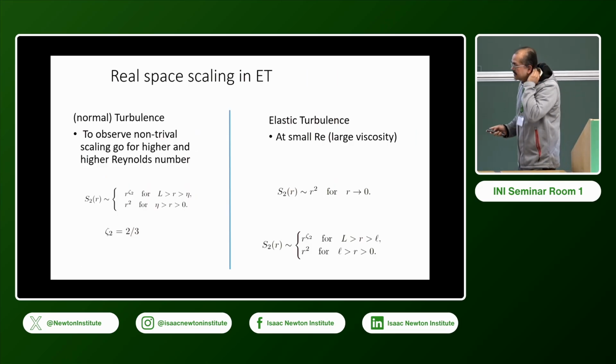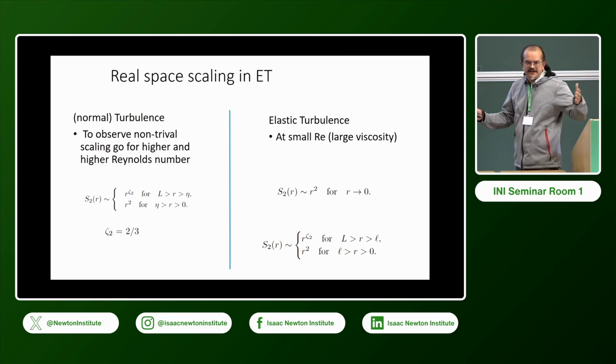So let me just try to remind you where we are. I just talked about Fourier space behavior. I want to now talk about real space scaling in elastic turbulence. So what happens in normal turbulence? In normal turbulence, if you look at the second order structure function, and you say, of course, I have a finite viscosity, so my flow, whatever the velocity as a function of space is, it must be Taylor expandable.